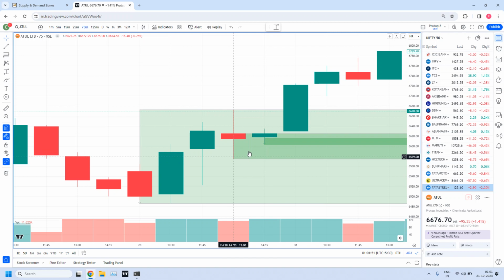Even after fine-tuning the 75 minutes, still I felt the risk is very high. Because the risk is high, to minimize the risk, I went to the 15 minutes inside the 75 minutes. Because 75 minutes is a fresh zone, you have to look inside that only.